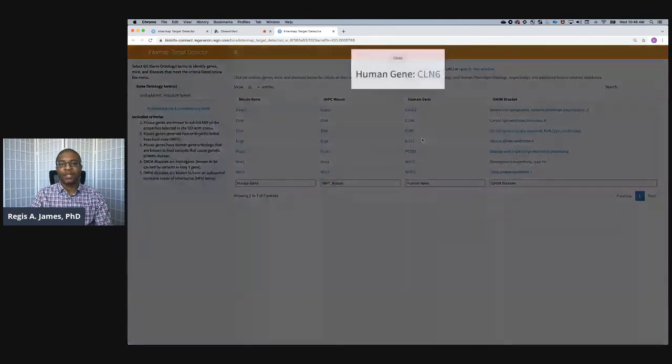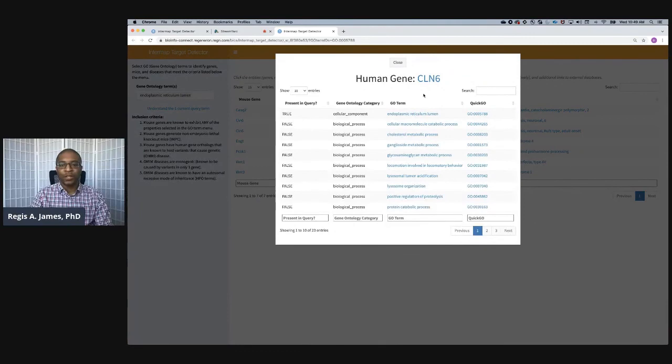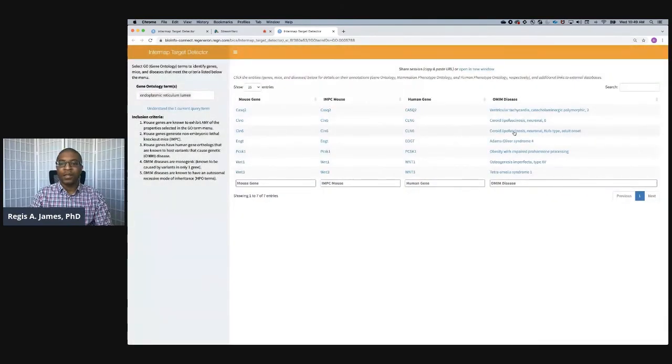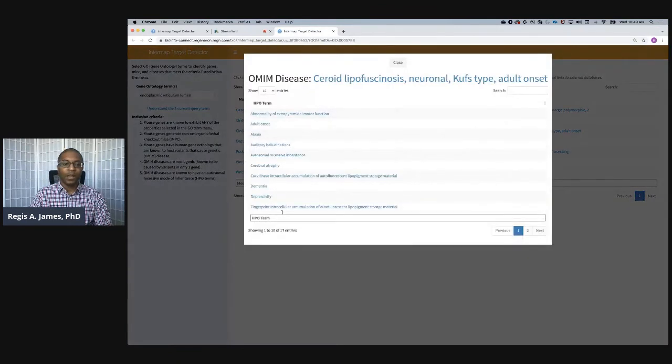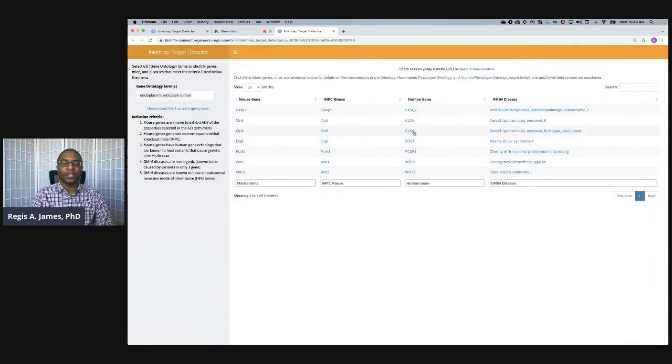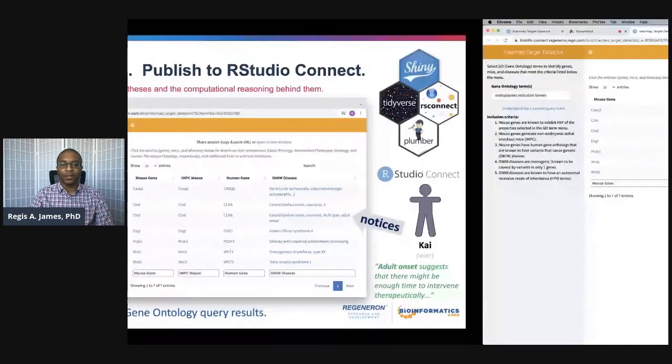You can also see gene ontology terms annotated to the human gene ortholog of the CLN6 gene. And then you can also see the phenotypes observed in patients suffering from ceroid lipofuscinosis, which is caused by variants in the CLN6 gene. And you can see adult onset is one of them. And there are these other phenotypes as well that might be remedied if some sort of targeting on the mechanism in which CLN6 functionality has gone awry occurs.